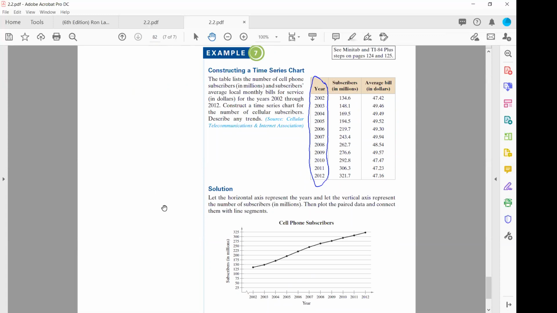Here we have a table. Our years are listed 2002, 2003, 2004, 2005, and 2012. The number of subscribers and average bill.